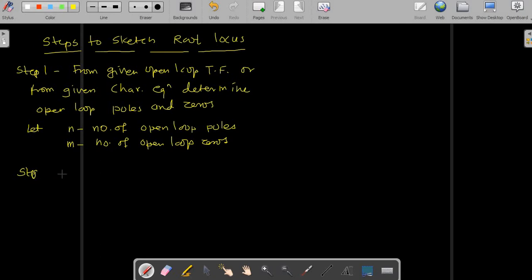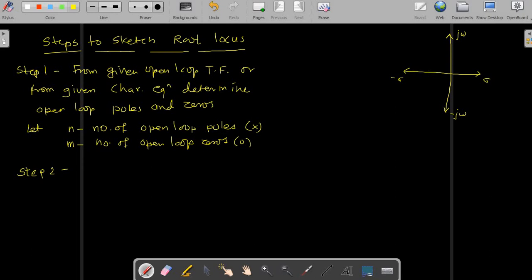Then next step, step 2. Here I forgot to mention, open loop poles are to be represented by a cross and open loop zeros are to be represented by a zero, right? If I'm drawing the S plane here, this is the imaginary axis, and this is the real axis, negative real axis.